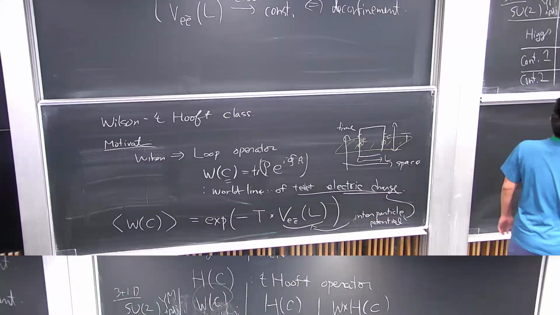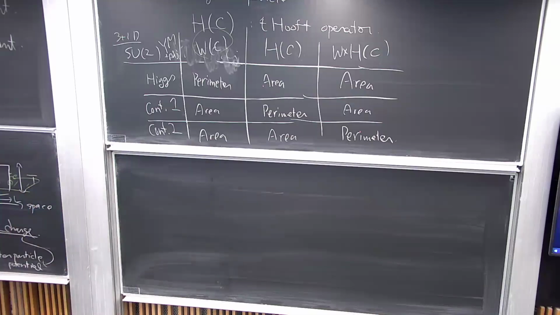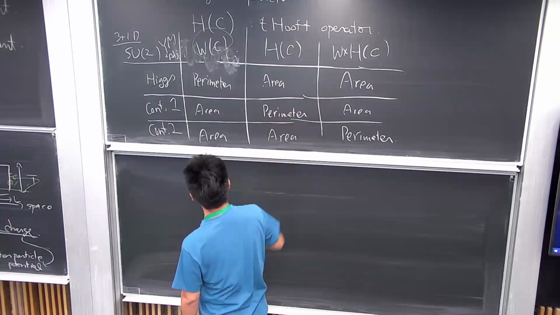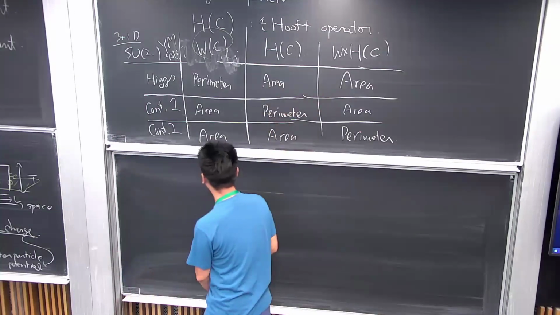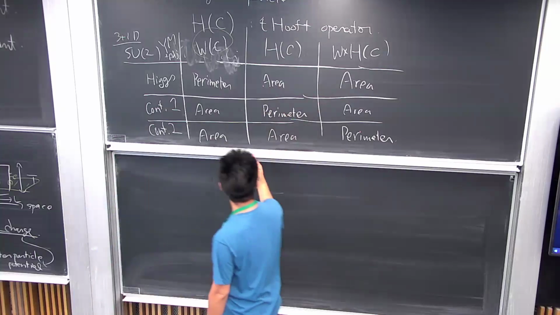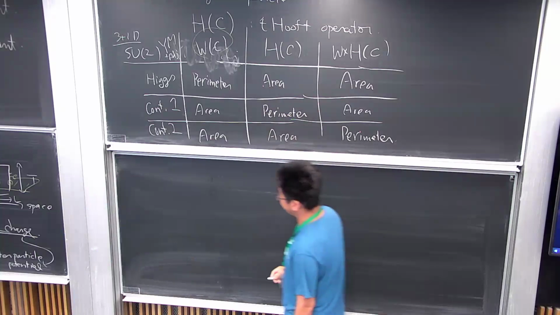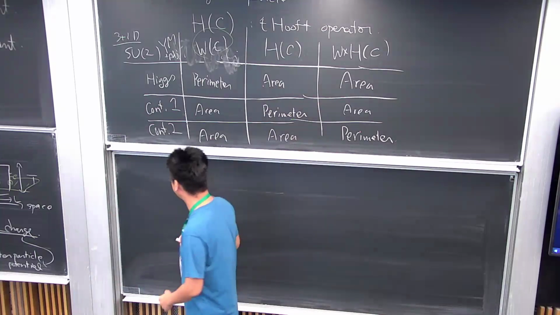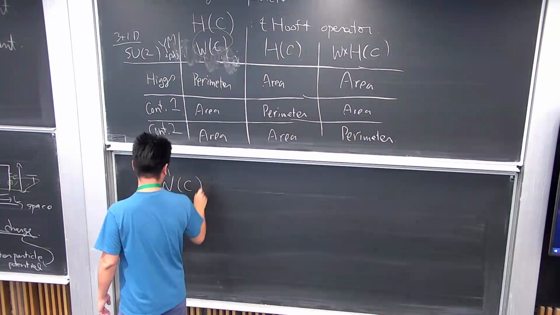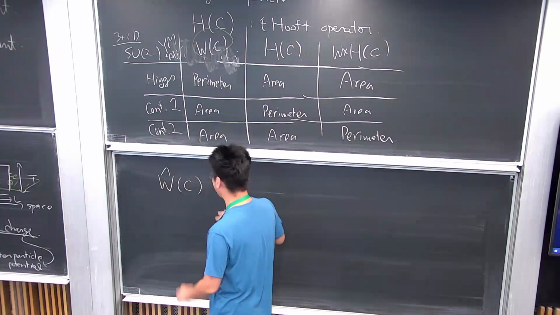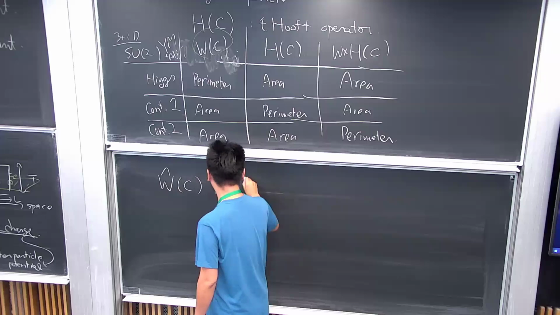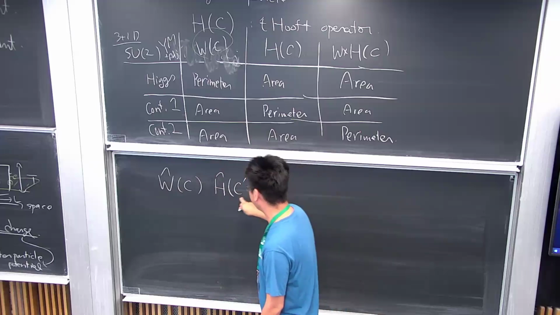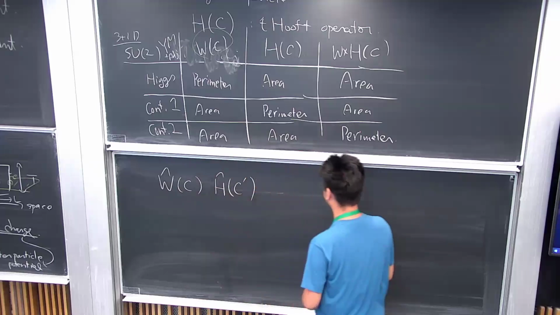So this is why using all kinds of loops is very important. But as pointed out, there's a mystery about why we have to use the whole set of operators. Let me explain why this is mysterious. The original derivation of this classification by 't Hooft goes something like this. He considers an operator formalism, and observes that we can look at the Wilson loop and 't Hooft loop as operators in a constant time slice, assuming C and C prime are inside that slice.